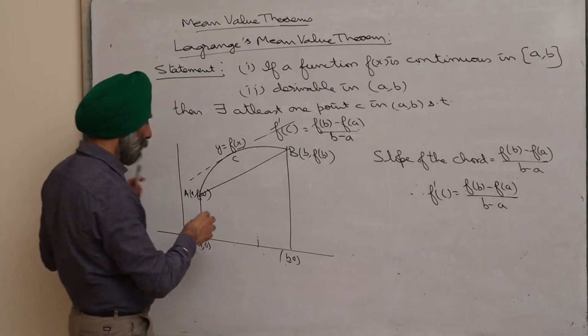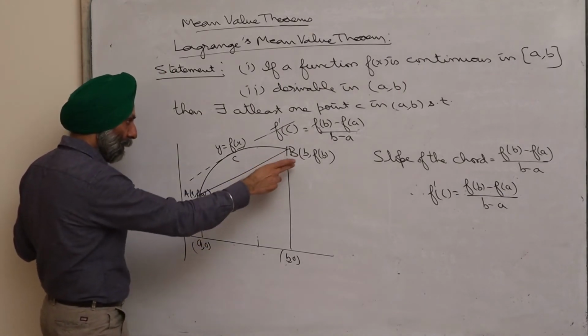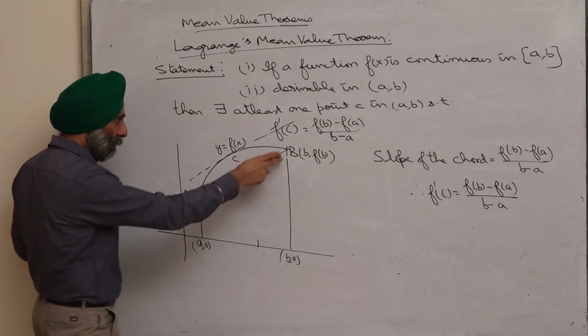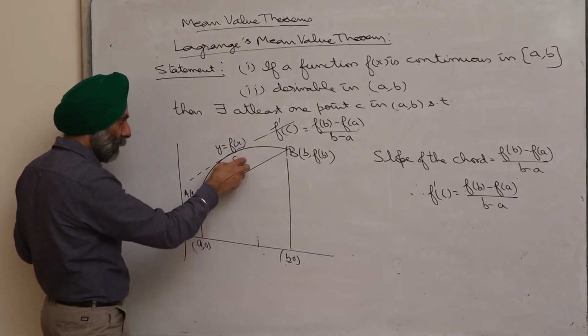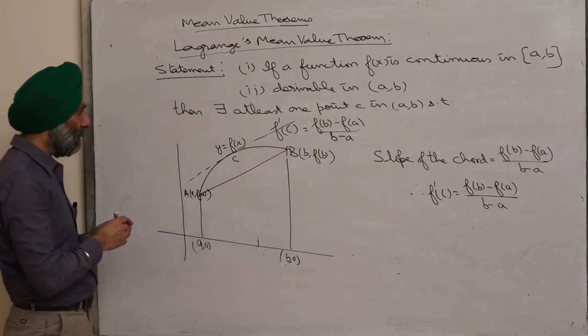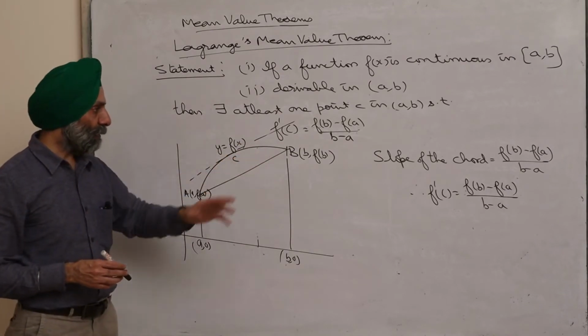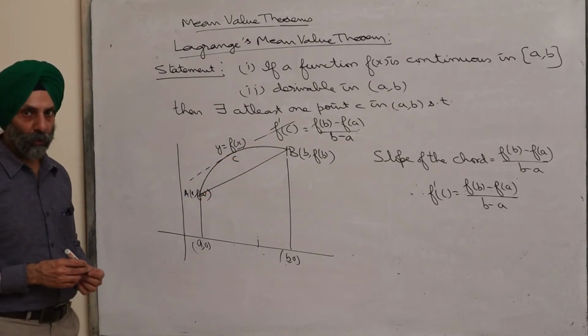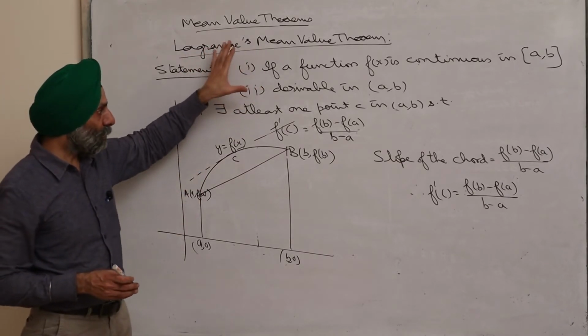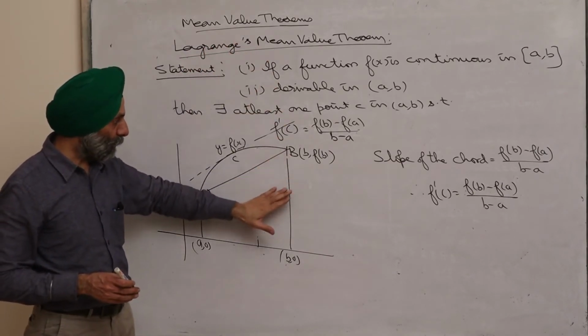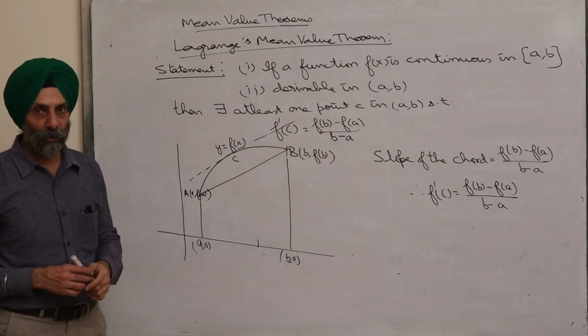That is, the slope of the chord AB is f(b) minus f(a) over b minus a, so there must be a point within this interval where the tangent is parallel to the line joining these 2 points. So this is the statement and the explanation for Lagrange's mean value theorem.